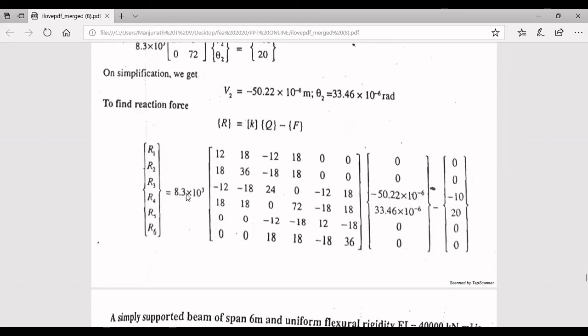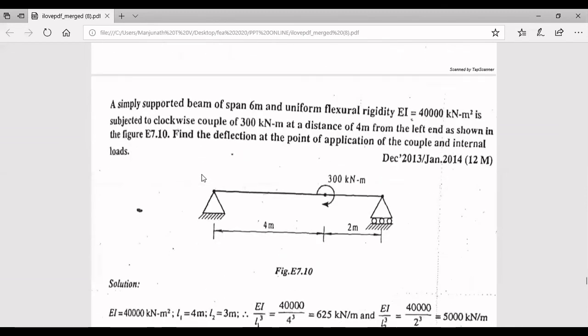Similarly for r2, 8.33 into 10 to the power of 3, into minus 18 into minus 50.22 into 10 to the power of minus 6 minus 10, plus 8.3 into 10 to the power of 3 into 18 into 33.46 into 10 to the power of minus 6, which gives minus of, already we have taken minus 10, for this second element. So which gives the r1 and r2 values.